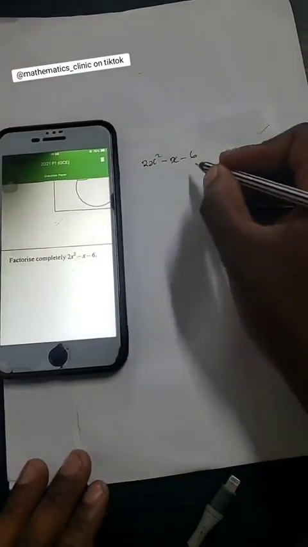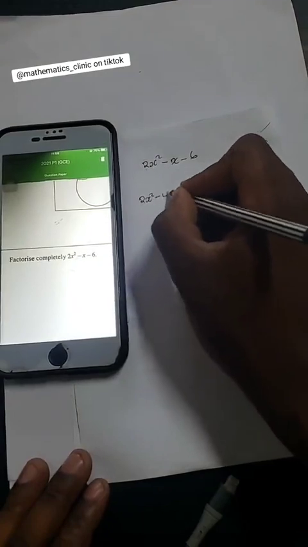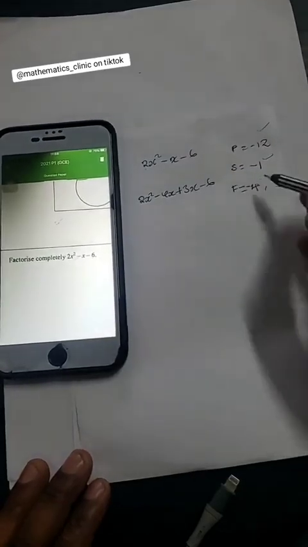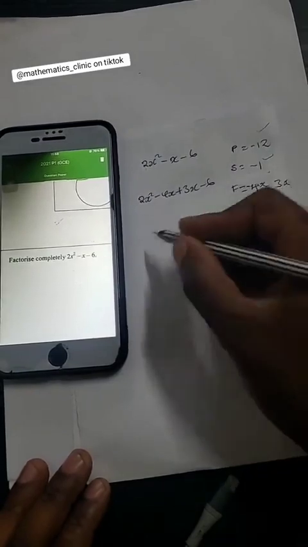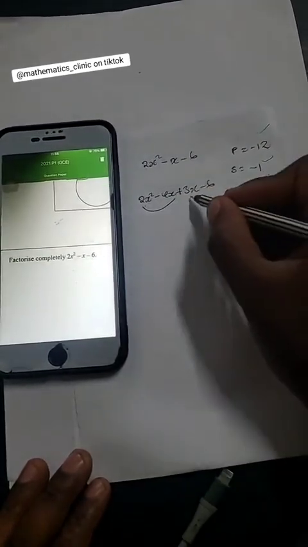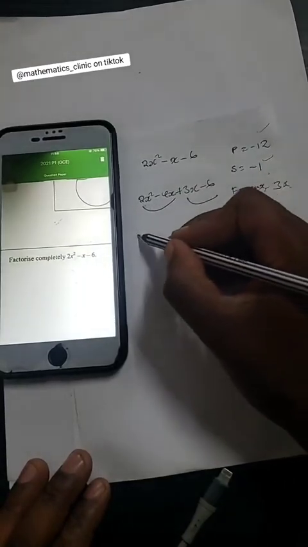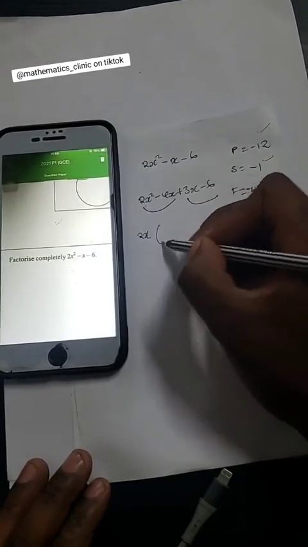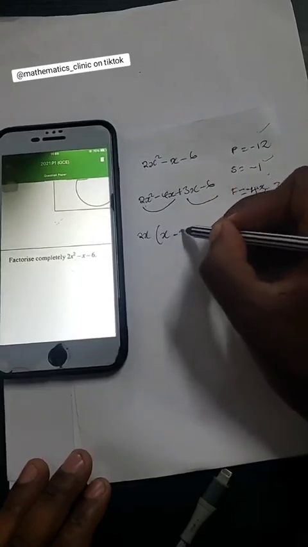So now I can write this by using my x. I'll say 2x squared minus 4x plus 3x minus 6. Now I'll factorize the first part, then later on the second. What is common in the first part? 2x is common. So 2x squared divided by 2x, we get x, then negative 4x divided by 2x is negative 2.